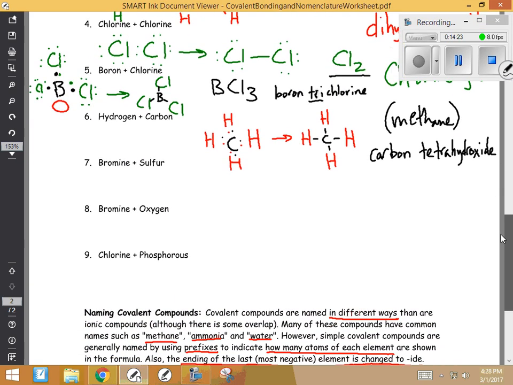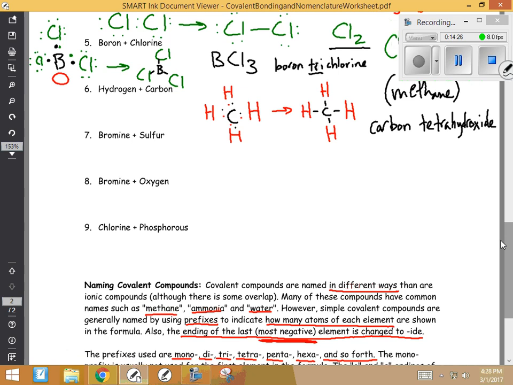I can do bromine and sulfur. Now, sulfur and phosphorus can be a little bit special, but I'm going to do them the regular way. Here we go. We have sulfur. Sulfur is in group 16. That means it has 6 valence electrons. And so 1, 2, 3, 4, 5, and let's just put the 6th in there. And what are we going to see? Probably what we're going to see is bromine, which, in group 17, has 1, 2, 3, 4, 5, 6, and 7.